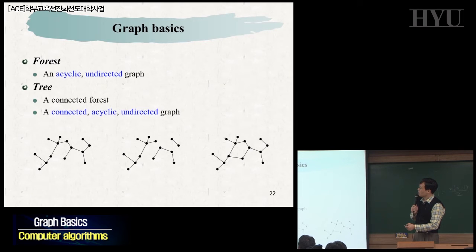And 3. 3 is a connected forest. So a new condition is added: connected, acyclic, and undirected. Then let's check them one by one. Is this a tree?